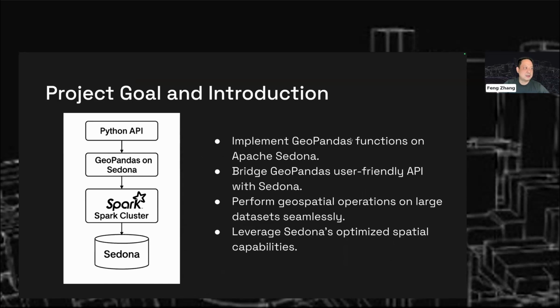So first, what's the goal of this project? The goal is actually very simple. We're trying to implement GeoPandas functions on Apache Sedona, which means our end users can make very minimal changes to their GeoPandas code, but instead of running on a single machine, they can run in a distributed way by using Apache Sedona.